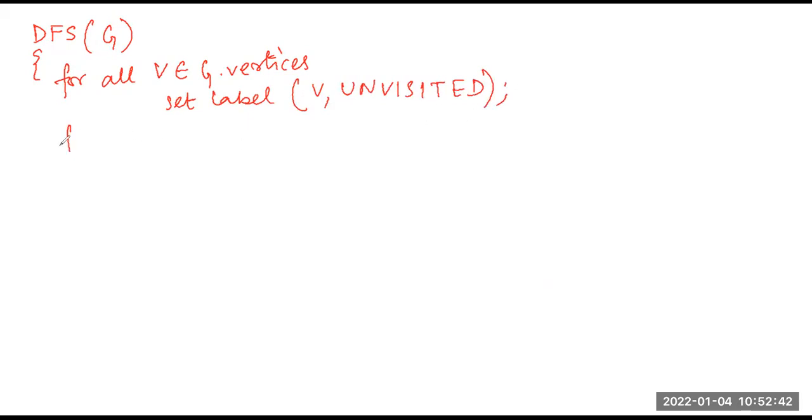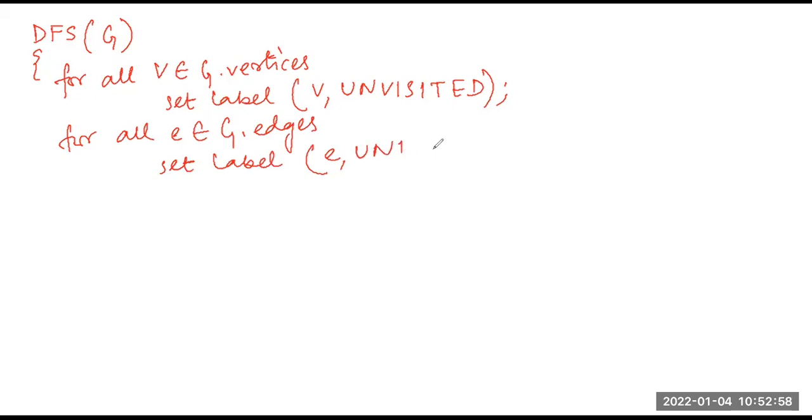Fine. And for all the edges that belong to G.edges, we will set the label of the edges to be undiscovered. This is a very simple method of writing the algorithm. If you have understood the process, you will be able to write the algorithm yourself.